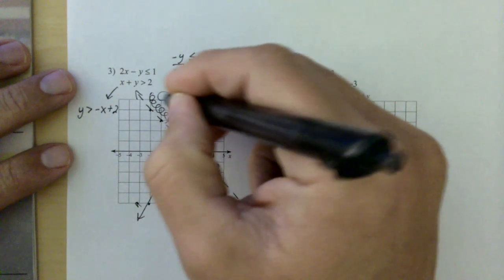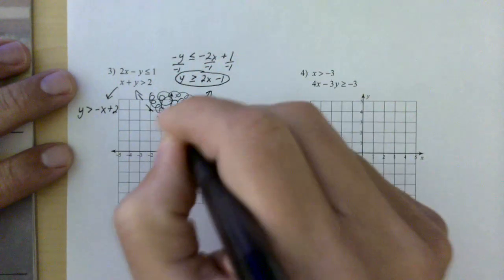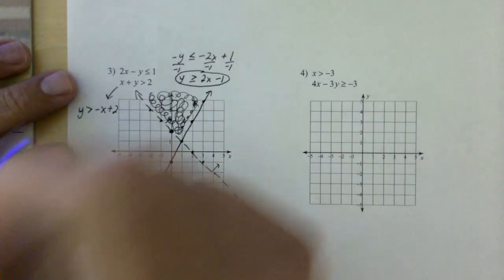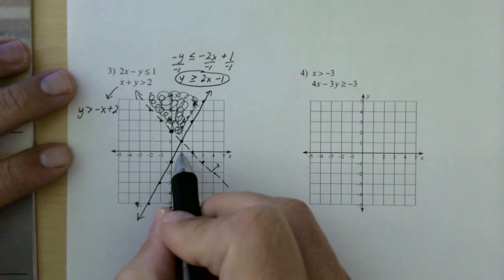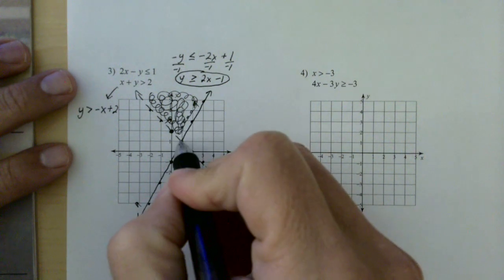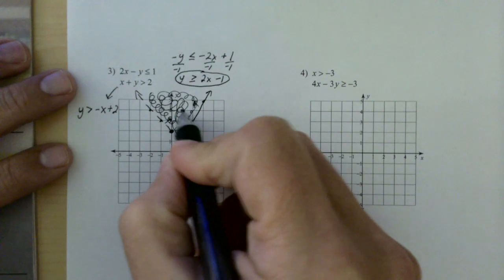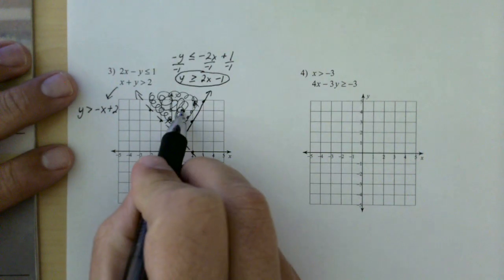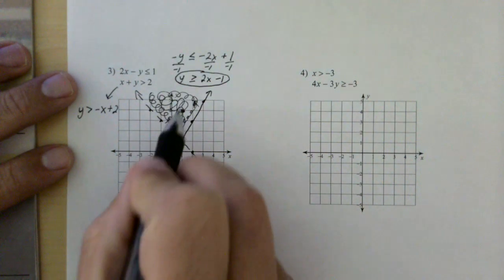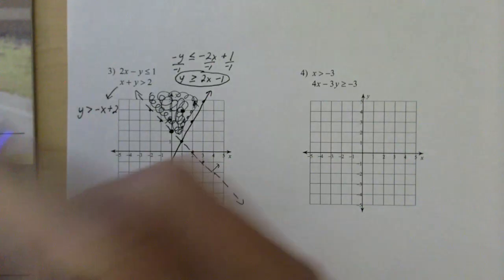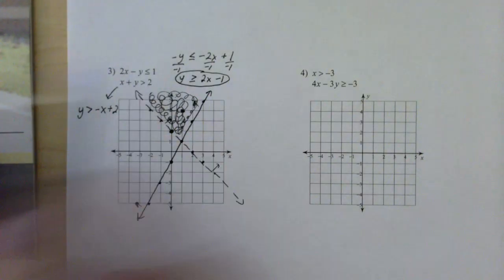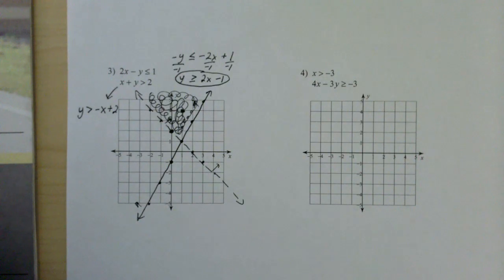Any point in this region, you can name an ordered pair. For example, 1, and then 1, 2, 3, 4, 5. 1, 5 is a solution. This dot right here with an ordered pair of (1, 5) is a solution because it makes both conditions true. And that's what a solution to a system is.